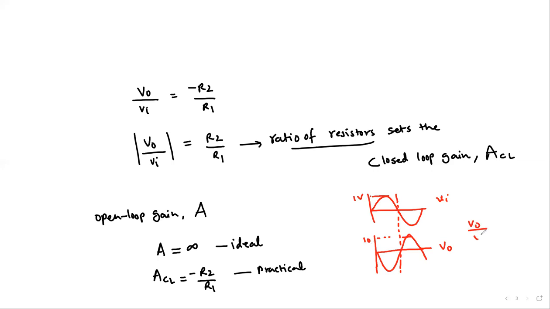So VO divided by VI is minus R2 by R1, that is ACL, which is equal to 10 in magnitude. That's why we can see that the output signal is 180-degree phase shifted with respect to the input.